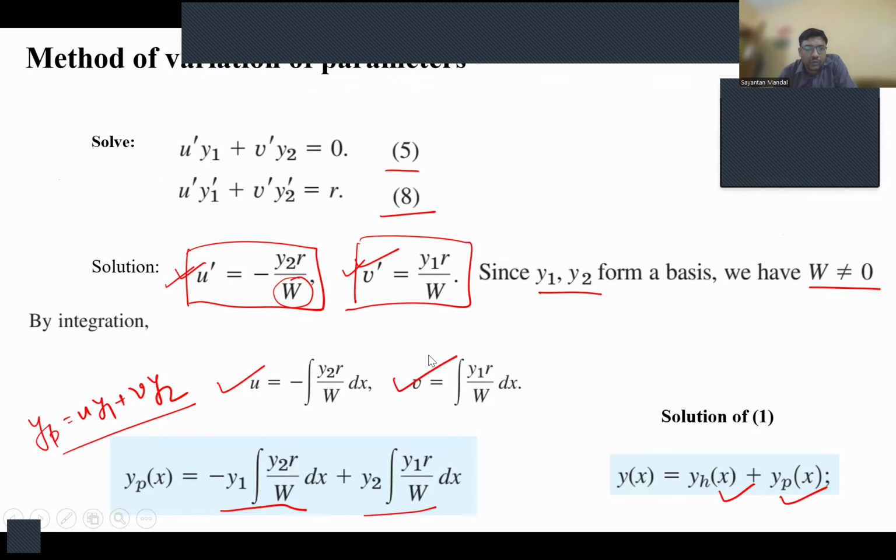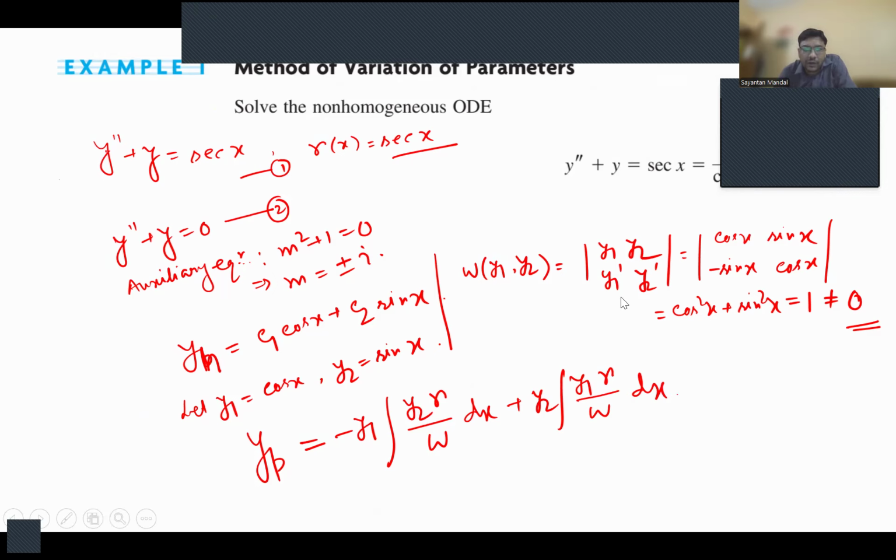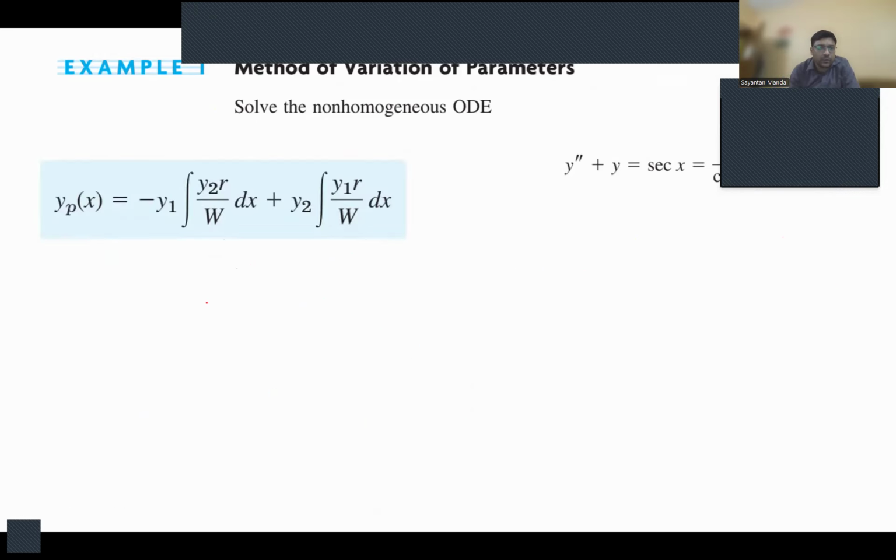See, yp equal to minus y1 integral of y2 r by w dx plus y2 into integral of y1 r by w dx. This way you can find out yp. Now let us find out.